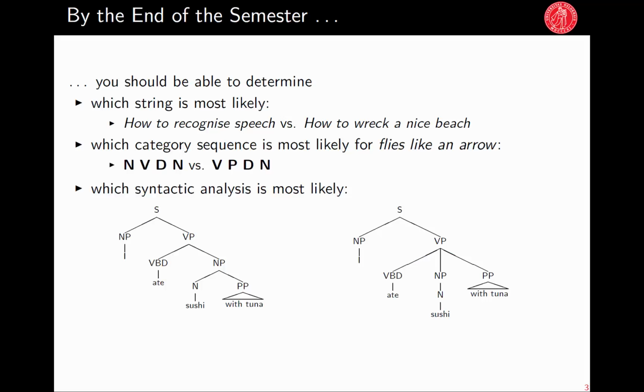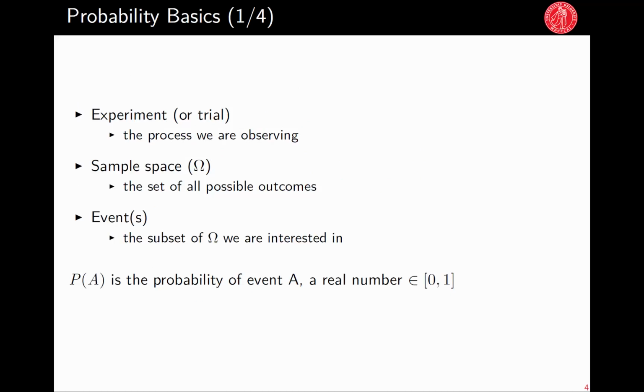In our case, again, linguistic units, words. In all three problems that we'll learn to compute, there's this notion of most likely, and that's what we will approach in terms of probability. So hence, a brief refresher of basics of probability theory.